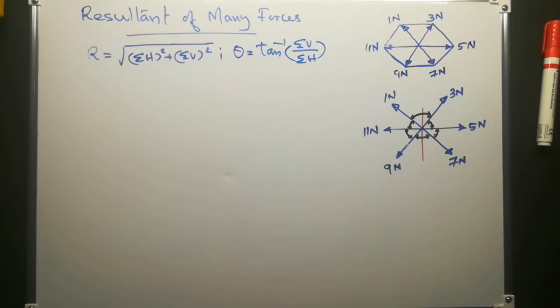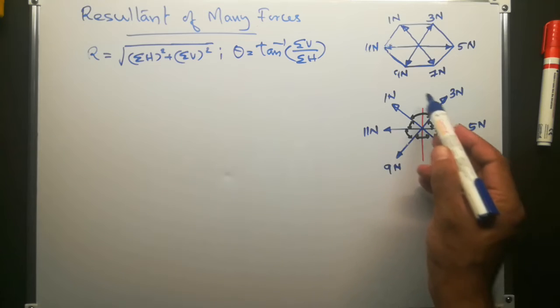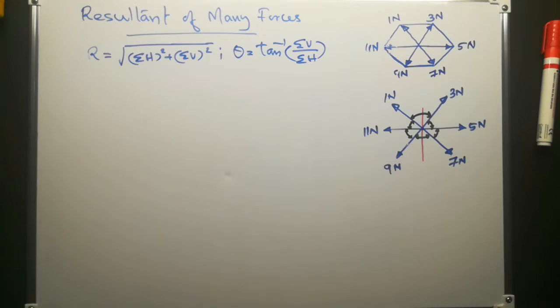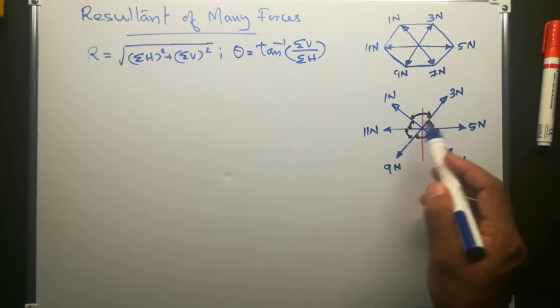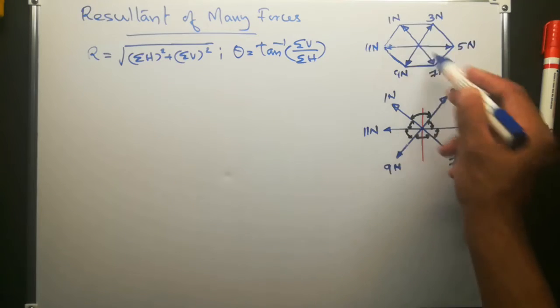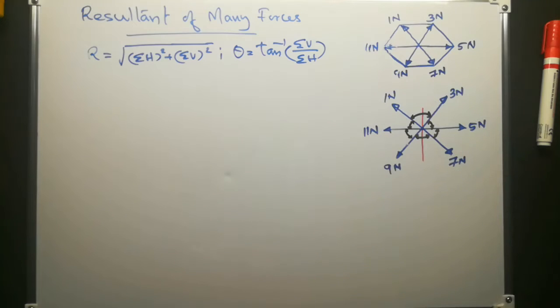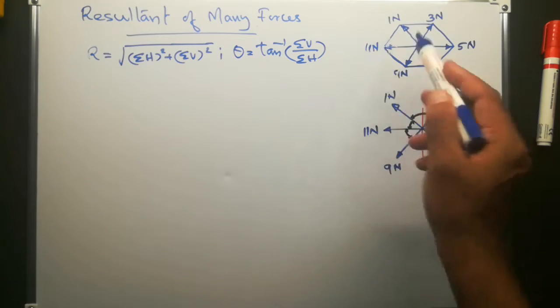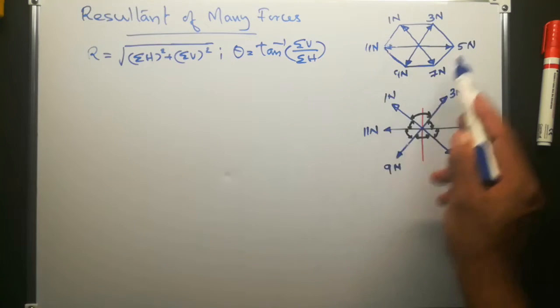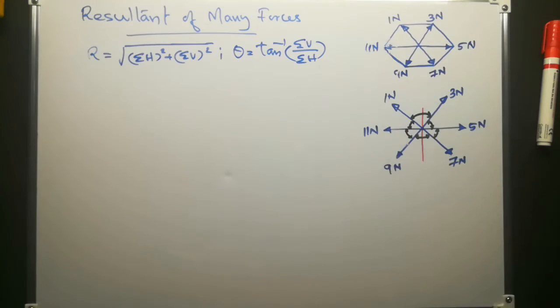As this is a regular hexagon, the diagonals divide the 360 degrees at the center into equal parts.